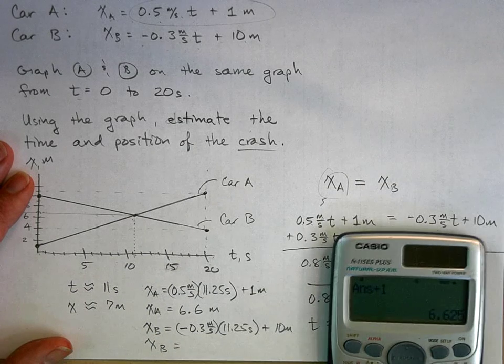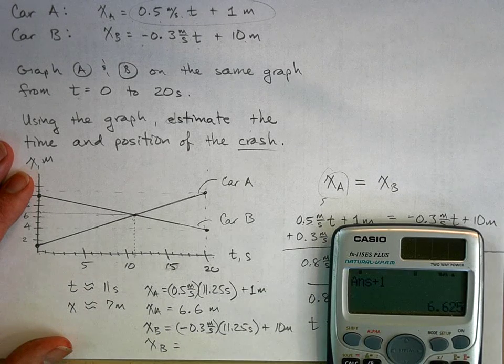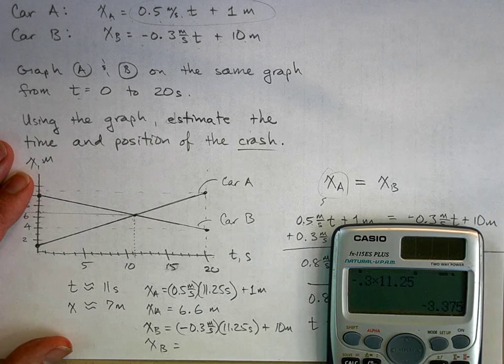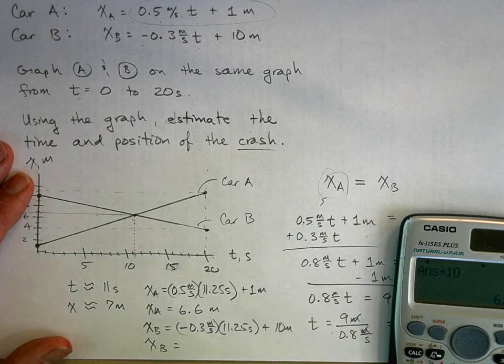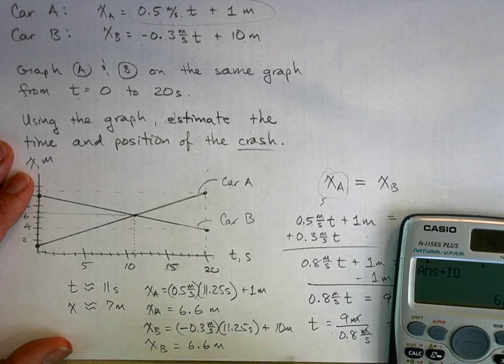Well, if we plug that in, so we have negative 0.3 times 11.25 equals negative 3.375. That's how much I reduced my position. But my starting position, I have to add it to it, plus 10 equals 6.625. Same answer. Woohoo! I did it right.